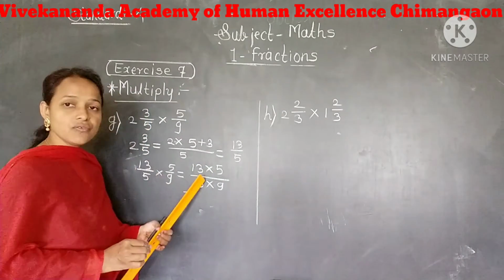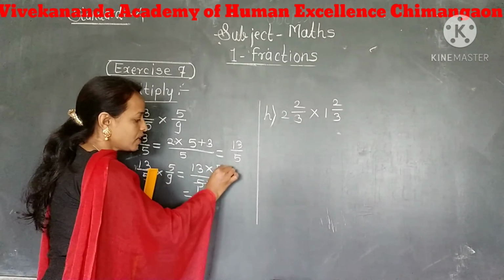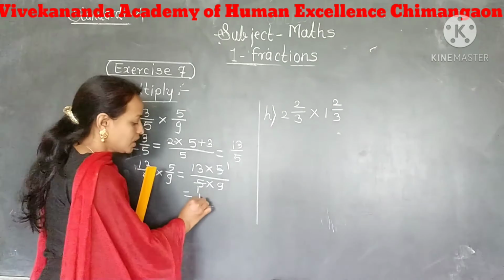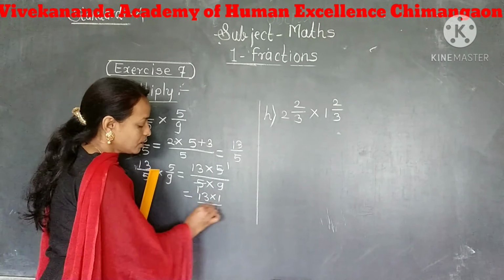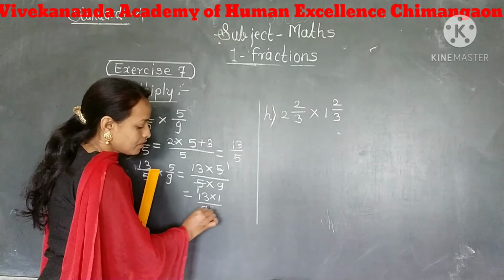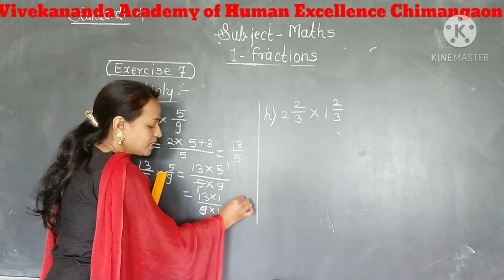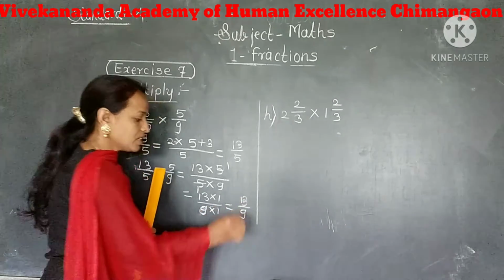Now here 5, 5 we divide. 5 ones are 5, 5 ones are 5. Remain 13 multiplied by 1 and 9 multiplied by 1. We get 13 ones are 13 and 9 ones are 9.